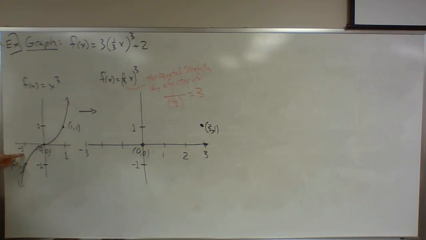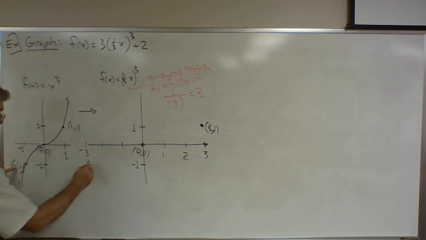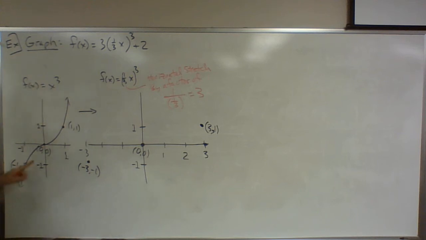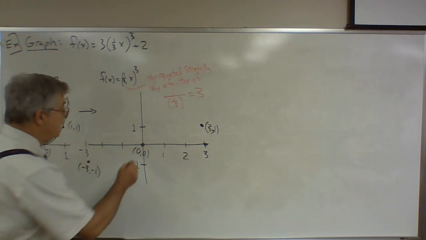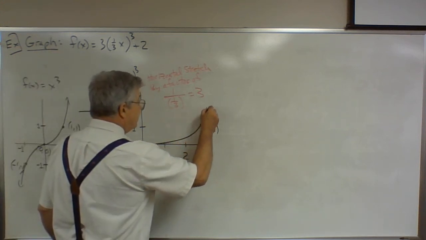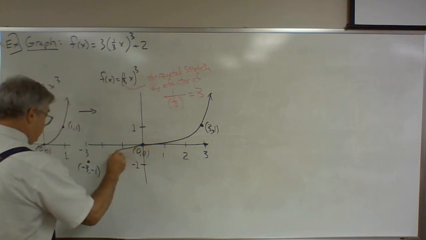I'm going to take the x coordinate here and multiply it by 3. I'm going to take the x coordinate here and multiply it by 3. In this case, I still get 0. So now this is what my graph is looking like.